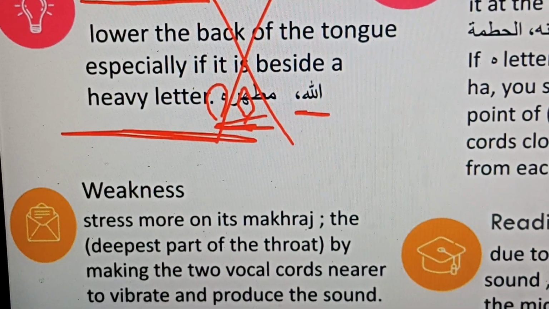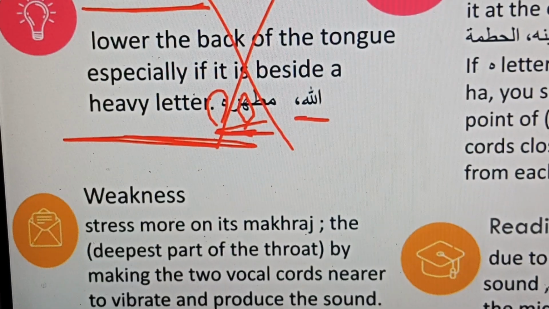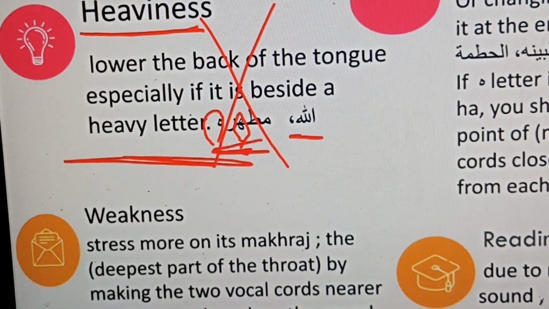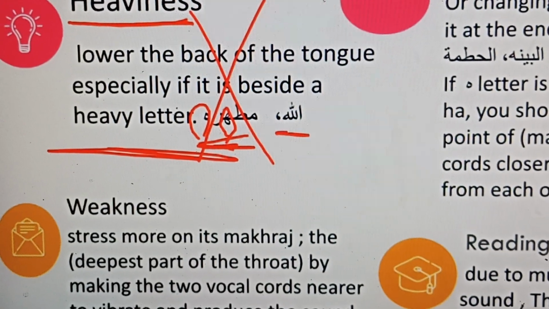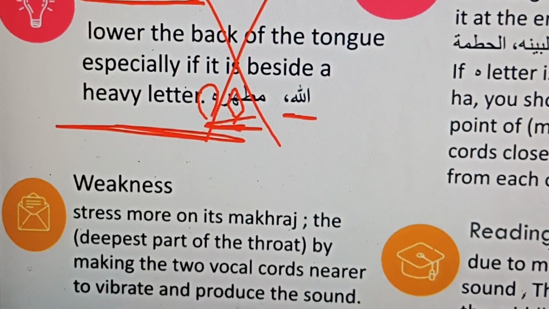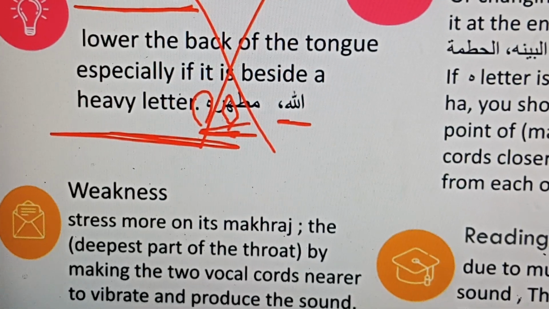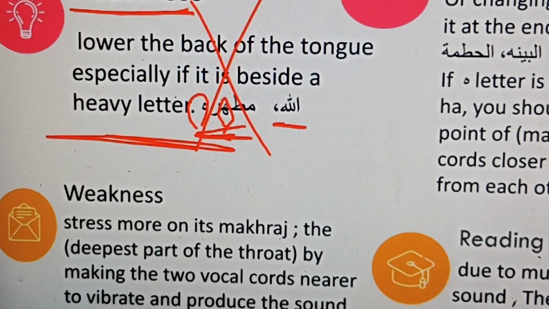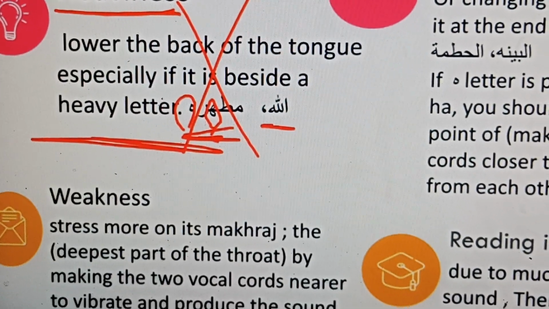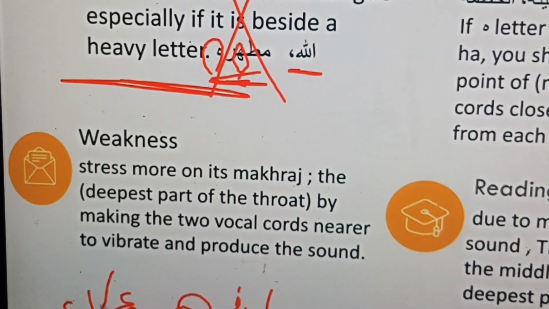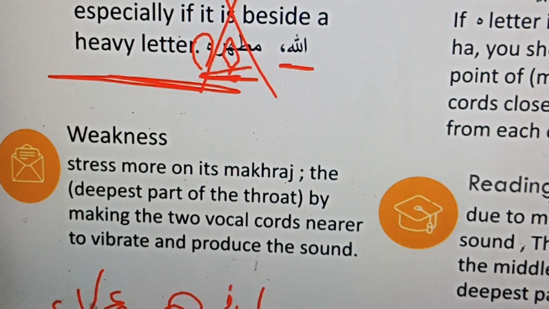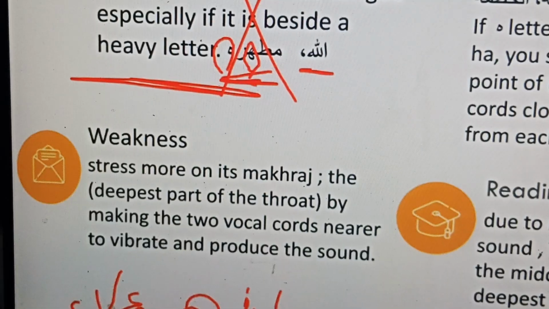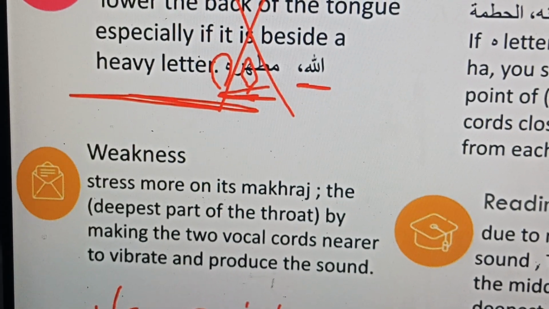Or another word is ihdina. Where is the ha sound? We have to elevate the sound, with the two vocal cords closing a little bit on each other, so that the ha sound is clear.